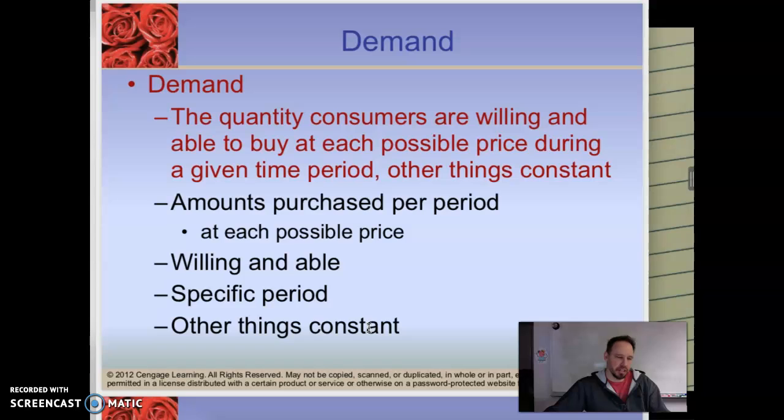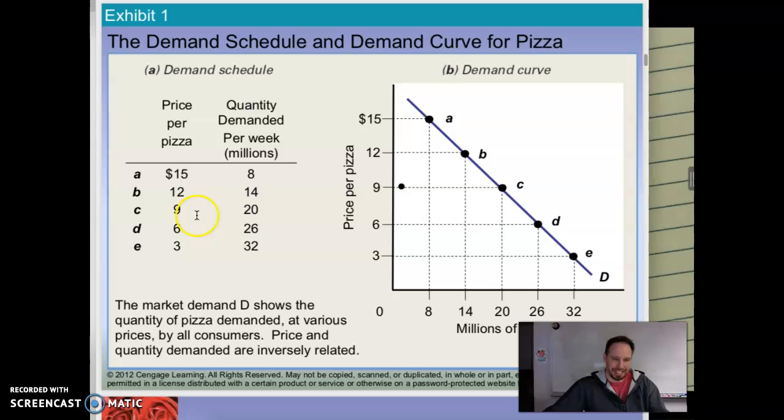Our income is staying the same, our tastes and preferences are staying the same, our expectations, nothing is changing. We're taking a photograph, a picture of consumers' demand, and that is all that we are looking at, this relationship between price and quantity. So if you look at this relationship here, at a price of $15, consumers are going to buy 8 million pizzas.